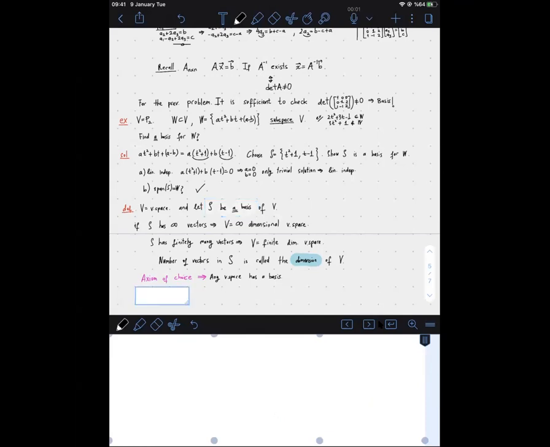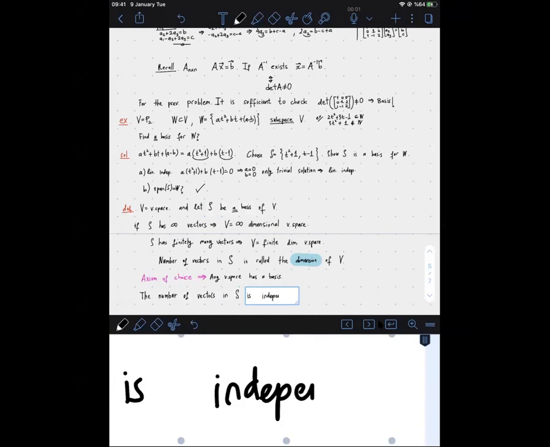It can be proven, which we won't do. The number of vectors in S is independent of S. So if you choose different basis vectors, it will still have the same number of vectors.